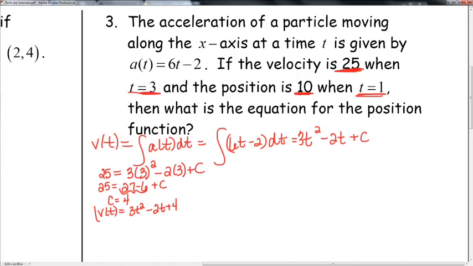And so I'm going to use this function, take the antiderivative of it again to find my position function. And so to find my x of t, that's going to be the antiderivative of your velocity. I'll keep it color coordinated.